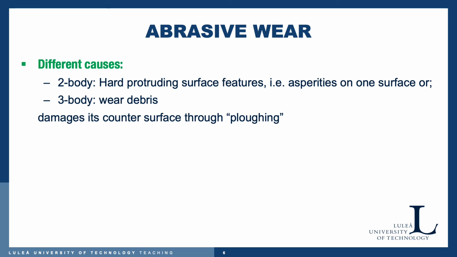Okay, so different causes: two-body, hard protruding surface features, so asperities on one or the other surface, or three-body, which is then wear debris or other hard particles coming into the system. And in both cases, these protuberances or debris damage the surface through plowing.